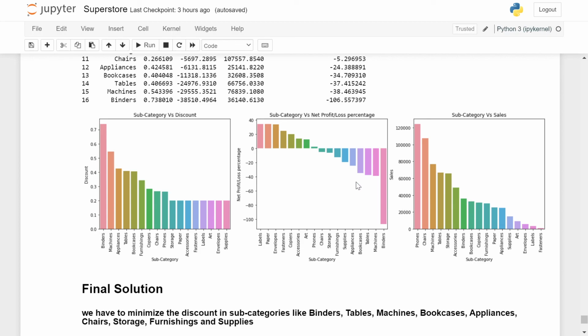That's why they are in loss. So the measures they have to take are to minimize their discount and increase their sales, and the profit will automatically increase.